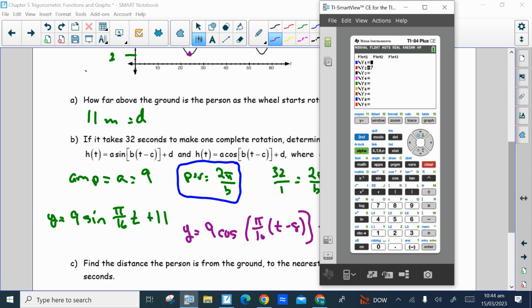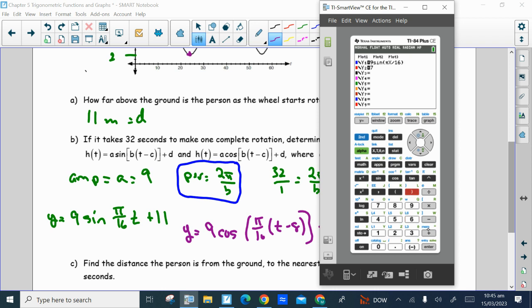My first equation would be 9 times the sine. And I'll have to put in brackets pi over 16 times t or x. And I guess we don't need a second set of brackets for this one because there is no c value. But to put my b value in along with the variable, I'll go pi times x over 16.